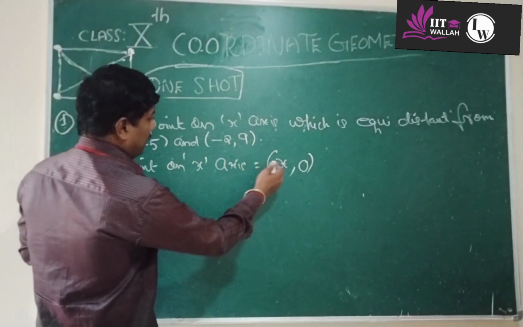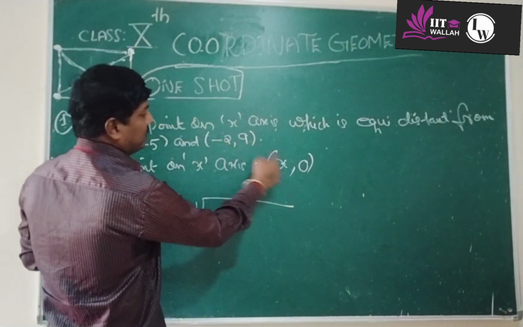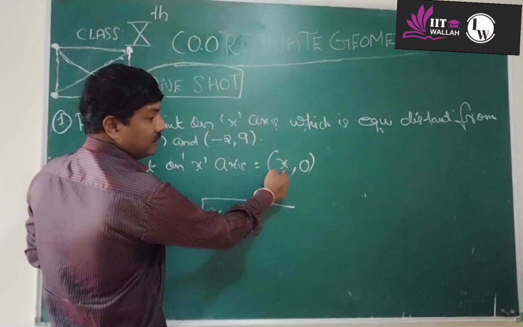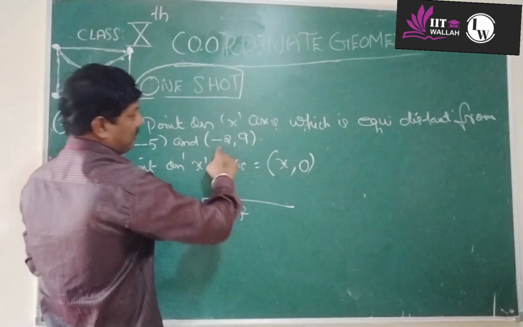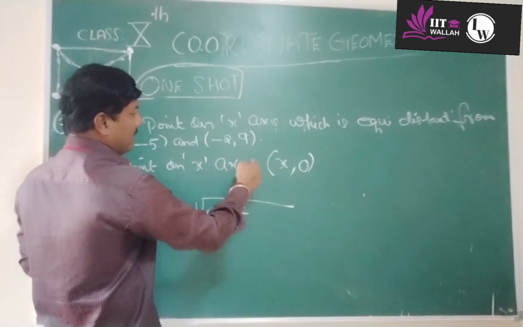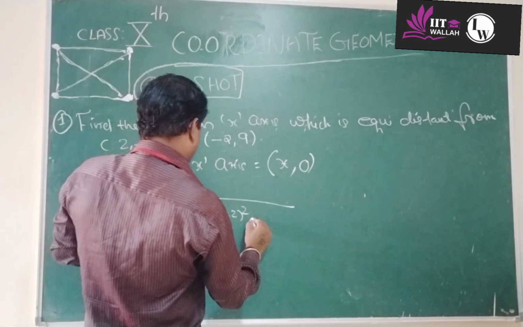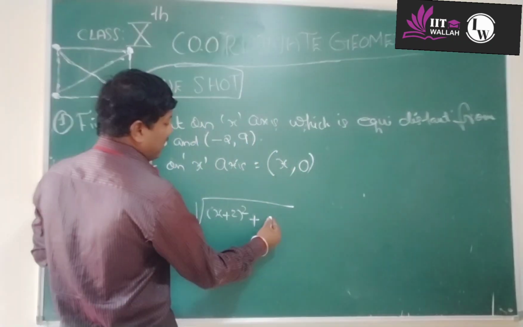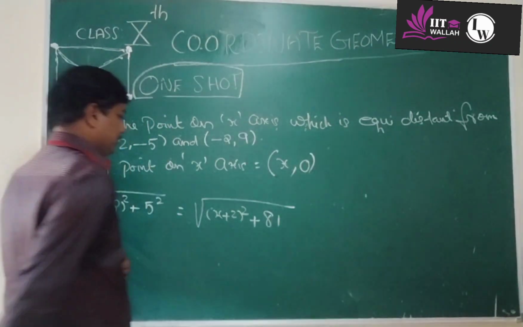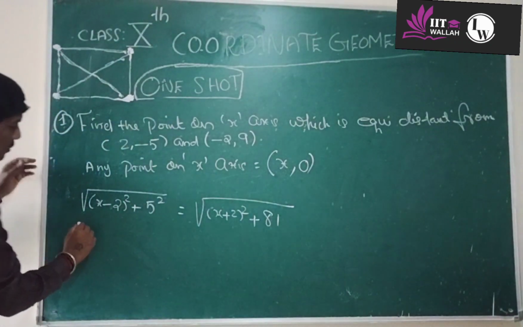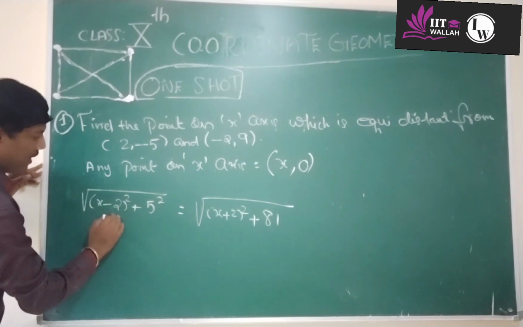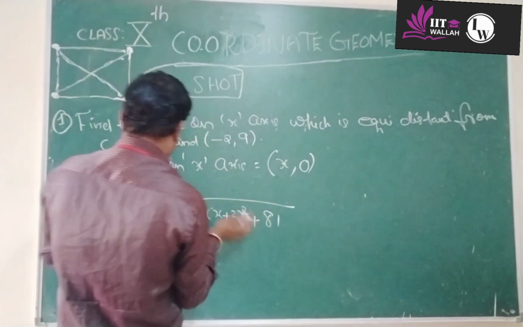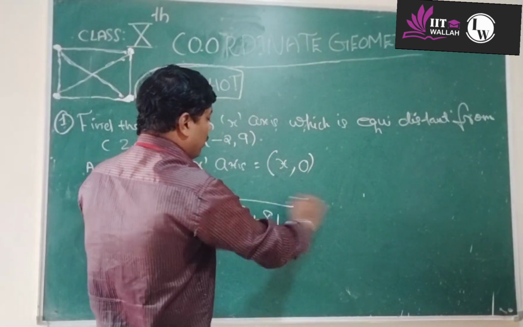Now similarly, distance between this and this will be x plus 2 whole square plus y2 minus y1, 0 minus 9, minus 9 whole square is 81. So we will solve this. Now you can remove the square root here also. If you square both sides, the square root will vanish.